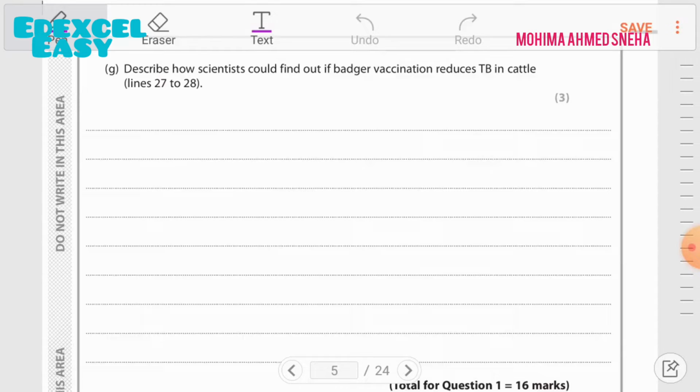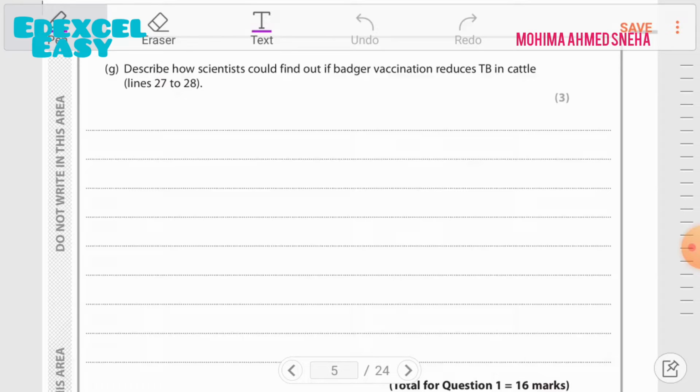So here, we need to take two different fields of the same size and area, and use the same number of cattle in both fields, and then place the same number of badgers in both fields, but use vaccinated badgers for one field and unvaccinated badgers for the other field, and then count the number of cattle with TB in both fields.